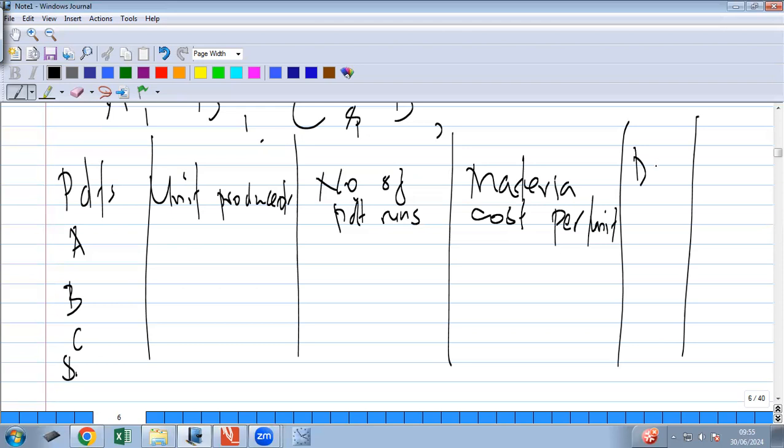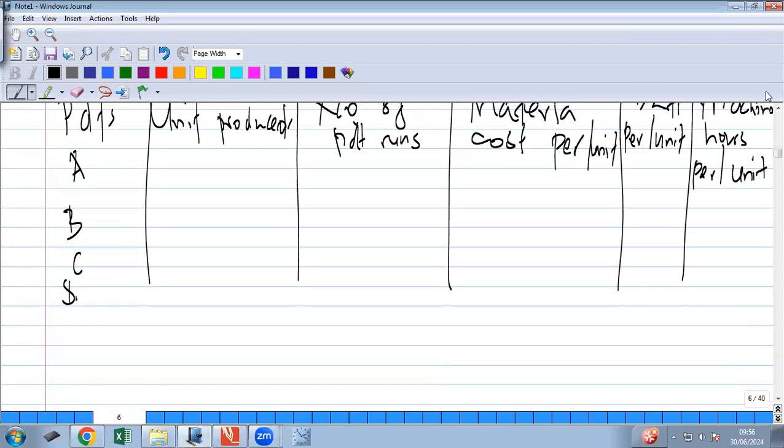Also have direct labor hours, and this is also per unit. We also have machine hours, and this is also per unit. We have A, B, C, and D.